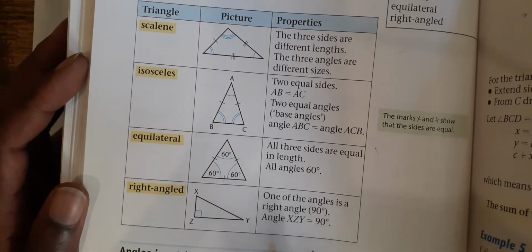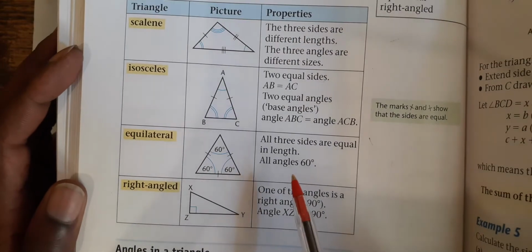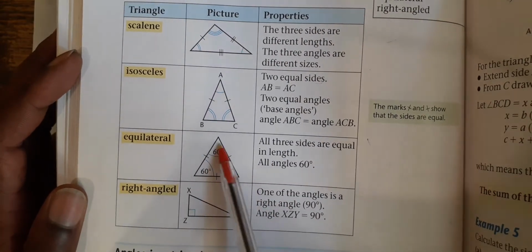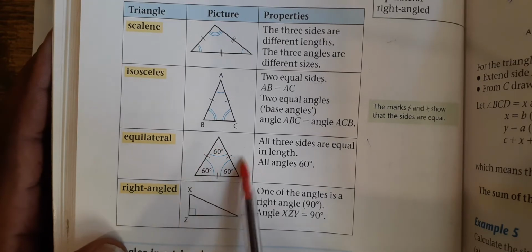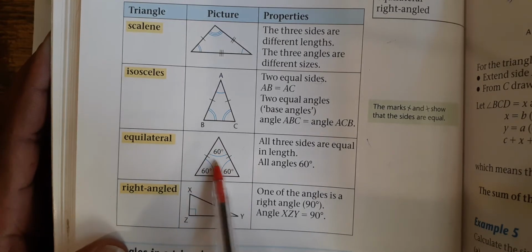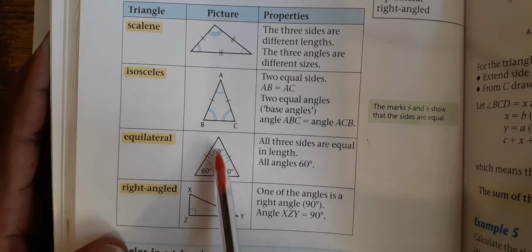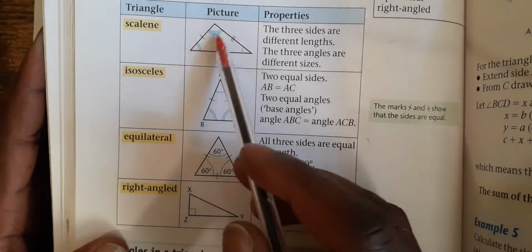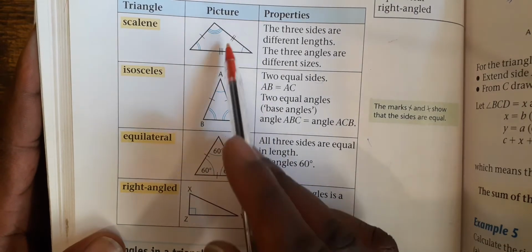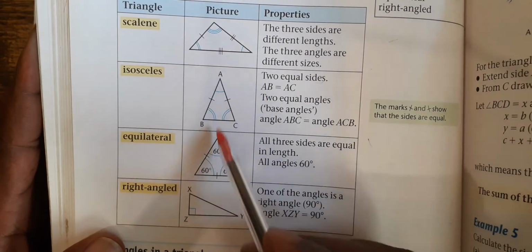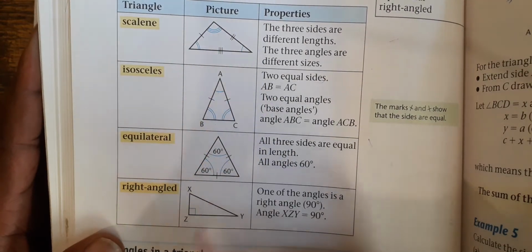Now, if you look at these four types of triangles here, this one is an equilateral triangle, so this one is a regular polygon, because the three sides are equal and the angles are also equal. Then all these remaining ones are irregular polygons.